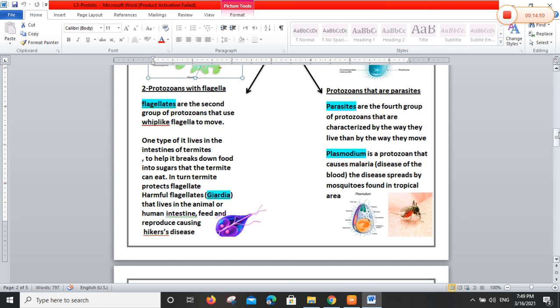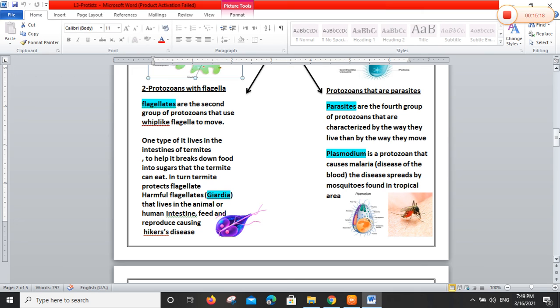Okay, Plasmodium is a parasite, a protozoan that causes malaria. This disease infects the blood. The insect that spreads the disease is the mosquito, found in tropical areas.